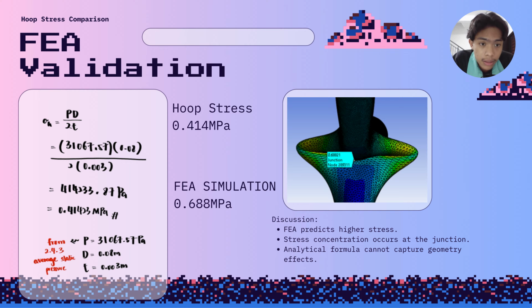We get the hoop stress as 0.414 megapascal. And for the FEA simulation result, we get 0.688 megapascal. And then we compare the simulation result and the hoop stress result.